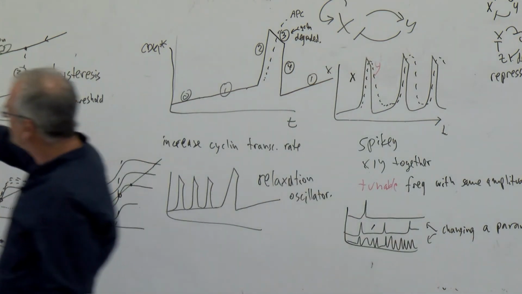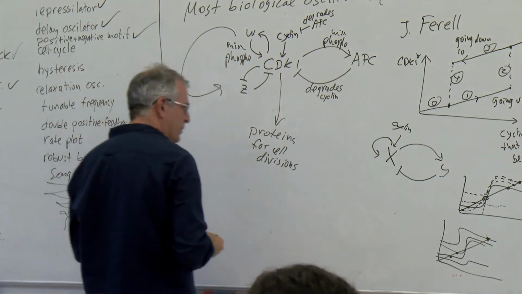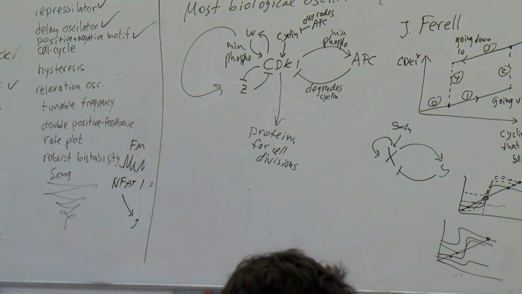Now let's look at this positive feedback loop here. This is totally a positive feedback loop made of 2, just to get these details.